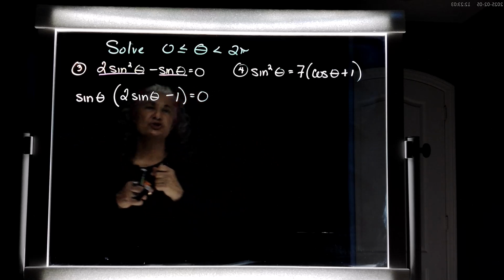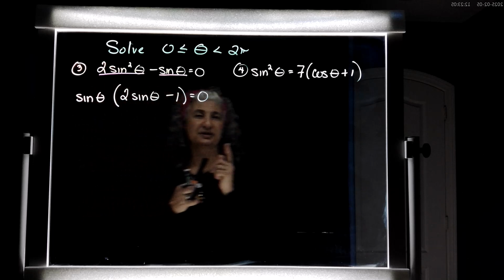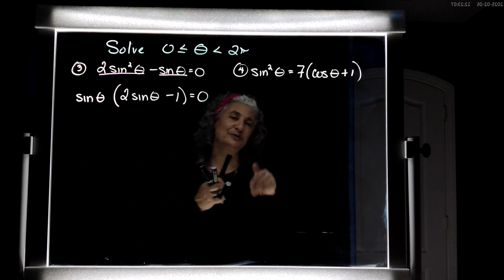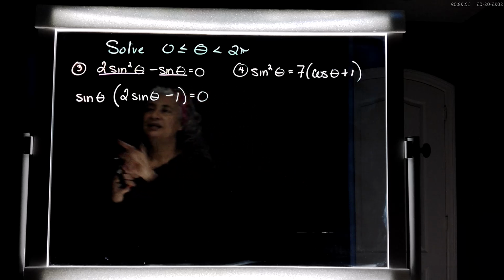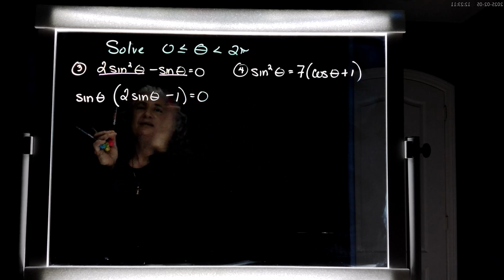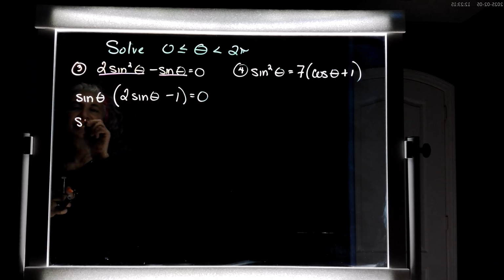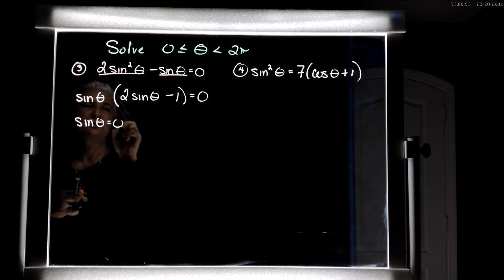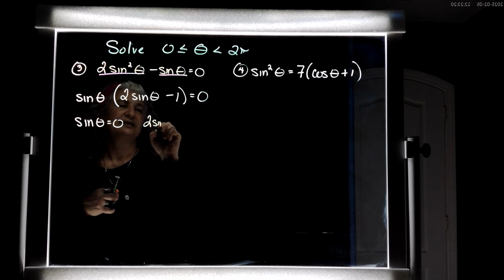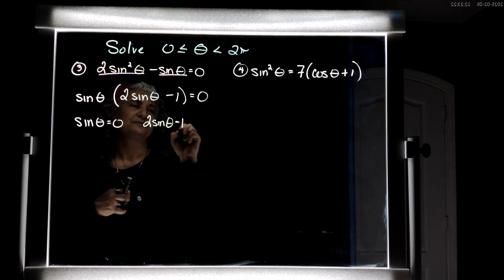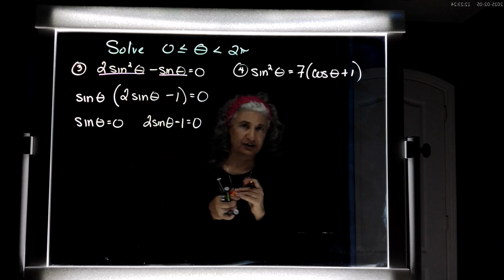All right. So, remember the old saying, if A times B equals 0, then either A equals 0 or B equals 0. Good?